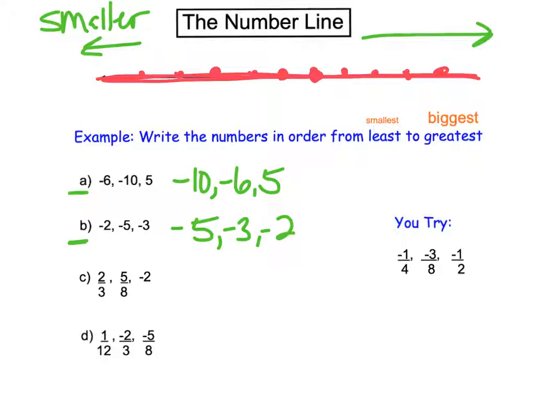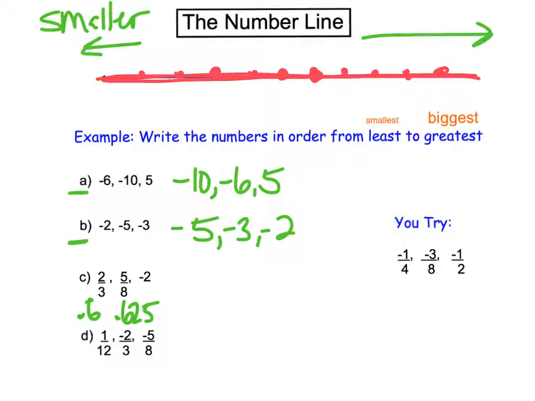Letter C is giving us fractions, and in order to compare those on a number line, I suggest you make them decimals, unless you're real good with converting fractions and getting that common denominator. 2/3 I know is 0.6 repeating, and then go to your calculator and do 5 divided by 8, and that answer is 0.625. Those were positive, and then -2.